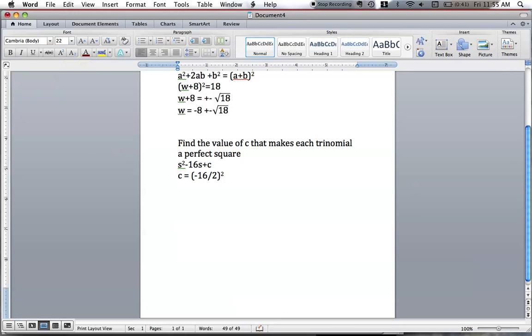That's always the rule to make a trinomial a perfect square. We can go ahead and work that out. Negative 16 divided by 2 is negative 8. Negative 8 squared is 64. So for number 21, the c value that we're going to add to make this a perfect square trinomial is simply 64.